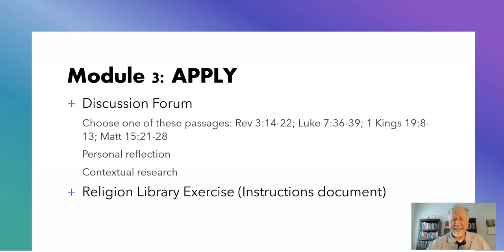What's your initial sense of what is being said, what is being taught in those passages? But then to do a contextual research of the passage. And that's where you will be given all of the resources that you need in order to conduct that. The specifics are really here in the discussion forum. So if you're looking for some of those instructions, you will find them here in the discussion forum.